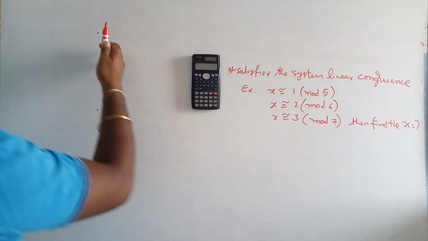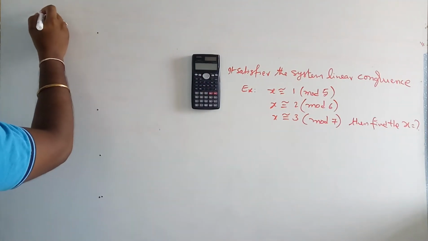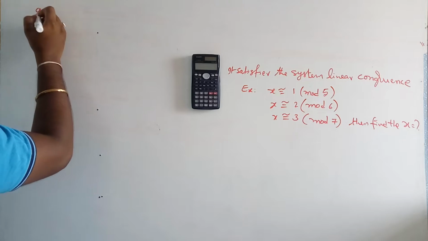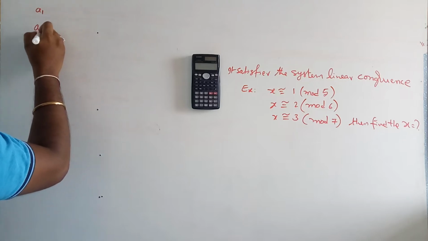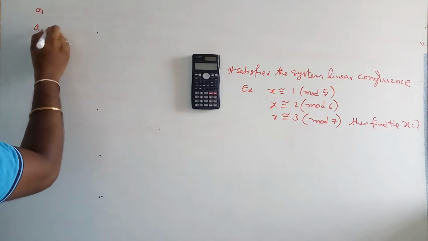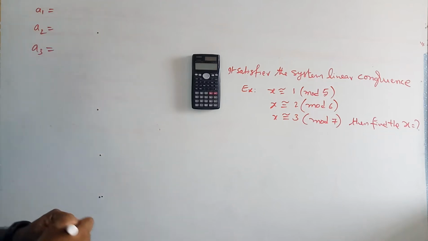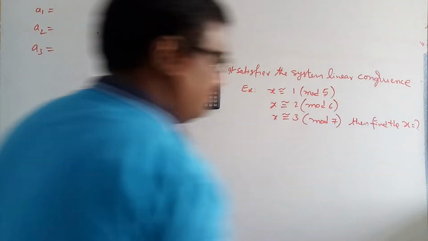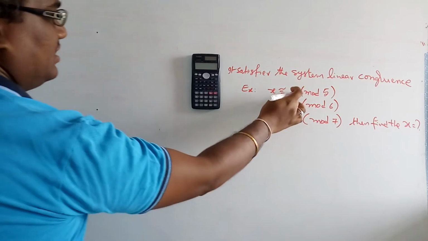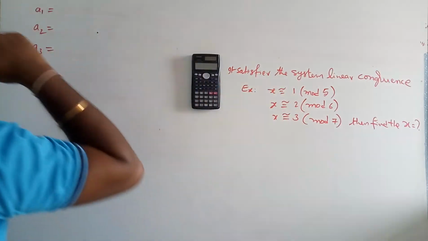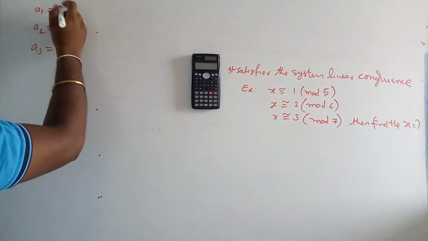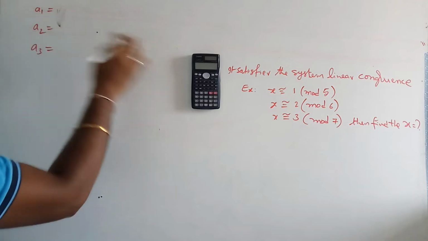Therefore, from the Chinese remainder theorem, these are A1, A2, A3.